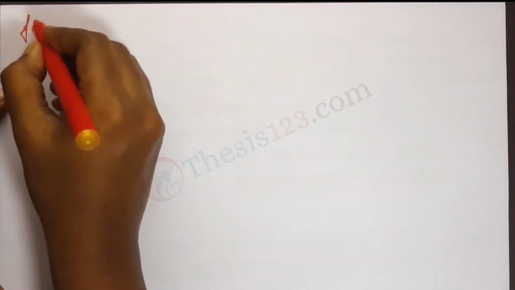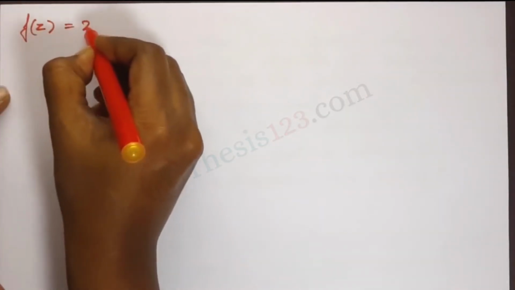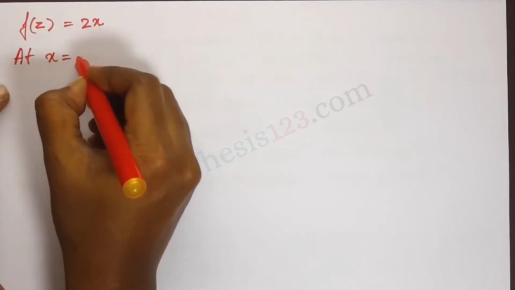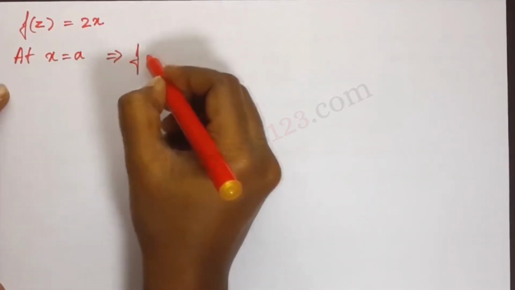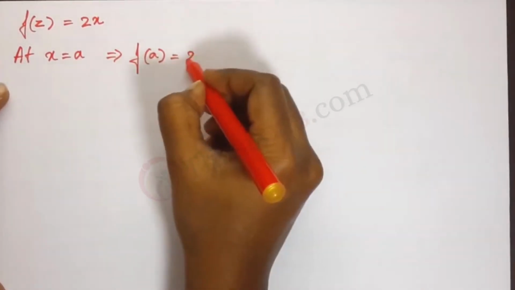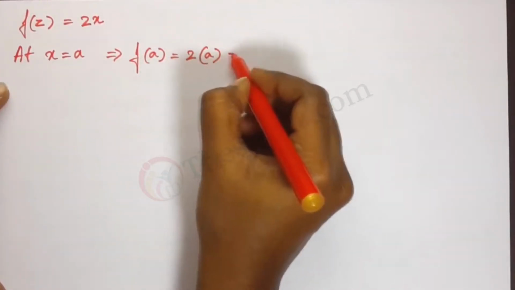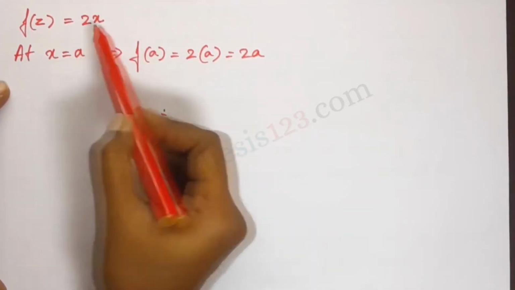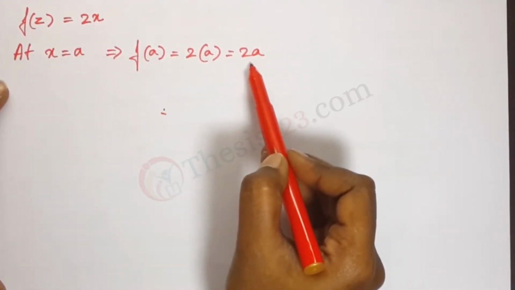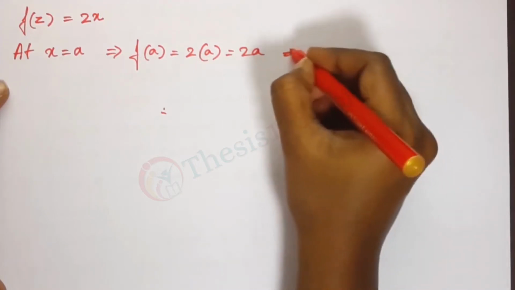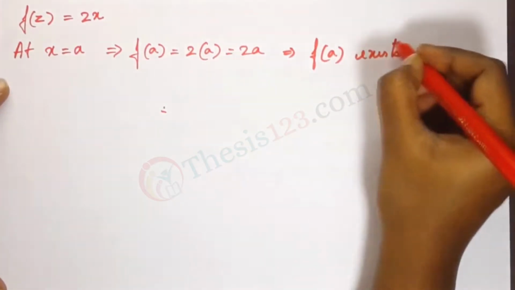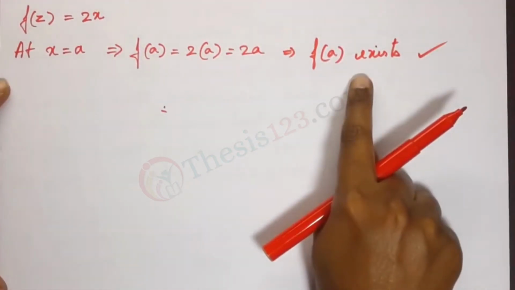So we have f of z is equal to 2x. So at a certain point x is equal to a, f of a is equal to 2a. Right, so we substitute a over here and we get the term as 2a. So this means that f of a exists. So that's our first condition proved.